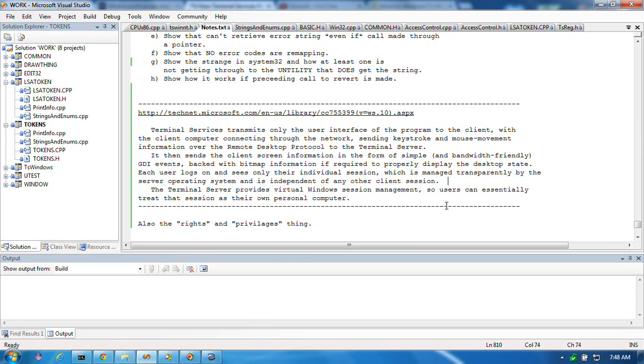So other clients connected to this same server transparently see only their own session. The terminal server provides virtual Windows session management, so users can easily treat that session as their own personal computer. See? Even if it is their own personal computer.